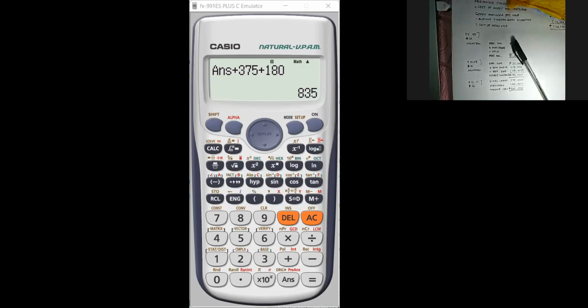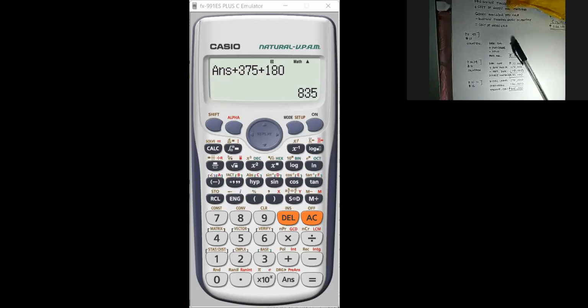Let us take a look at the answer. Is our answer correct? Oh, the answer is letter C. But that is wrong, no? Letter C but 835. What is written in letter C is 655.